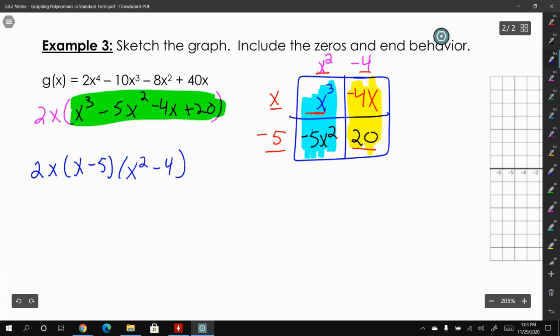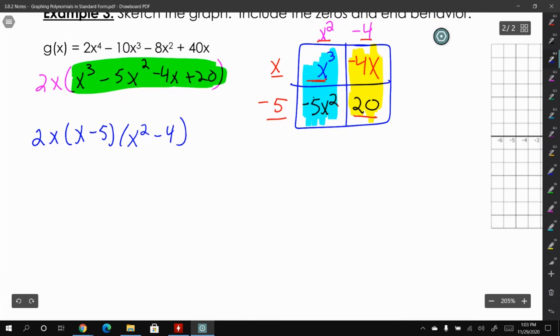And then we're going to get our zeros from this. From 2x, that is x equals 0, because 2 times 0 gives you 0. From the x minus 5, we get x equals 5. But from x squared minus 4, we have to set that equal to 0 first because it's x squared.